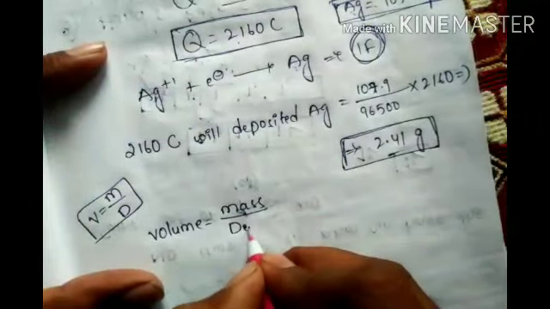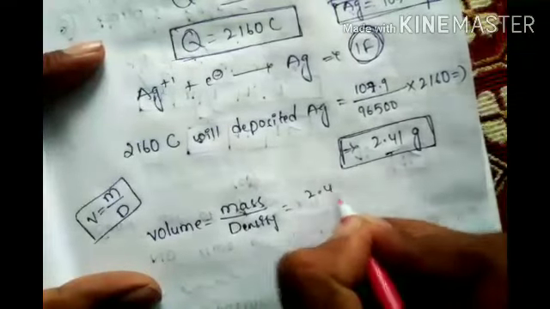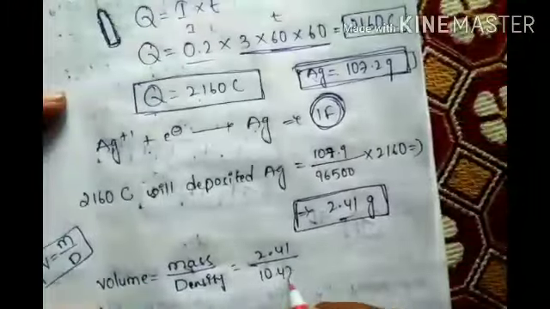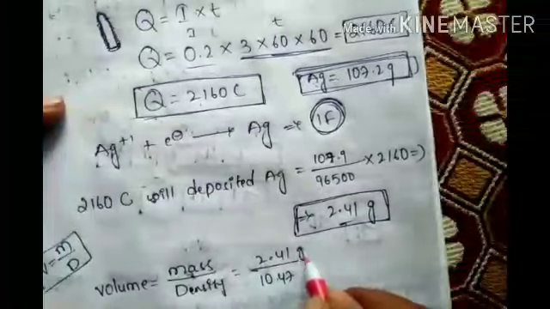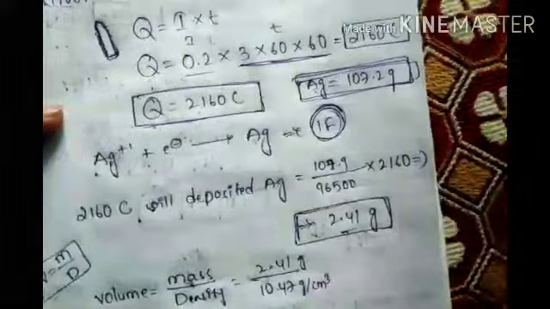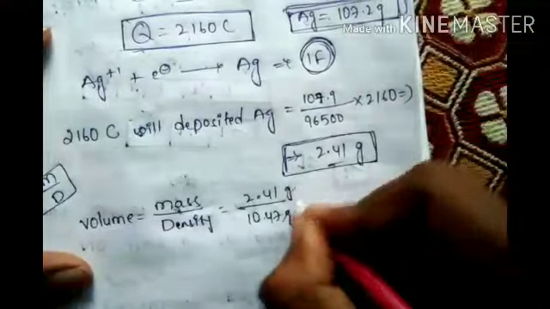So mass equal to 2.41 grams by density. How much? 10.47 grams per cubic centimeter. Mass is in grams, density in grams per cubic centimeter. Gram cancels.